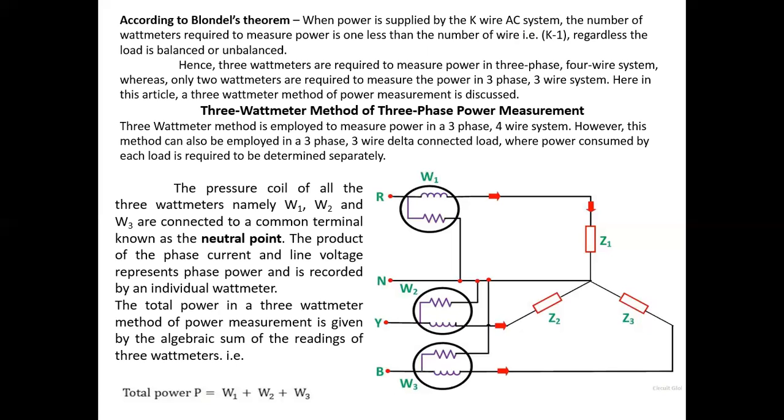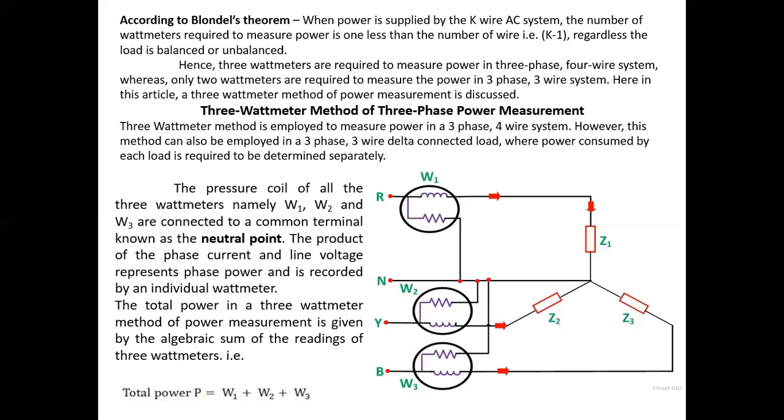Blondel's theorem states that when power is supplied by a K-wire AC system, then the number of wattmeters required to measure power is one less than the number of wires, that is K minus 1, regardless of whether the load is balanced or unbalanced. The three wattmeter method is employed to measure three-phase power in a three-phase four-wire system.